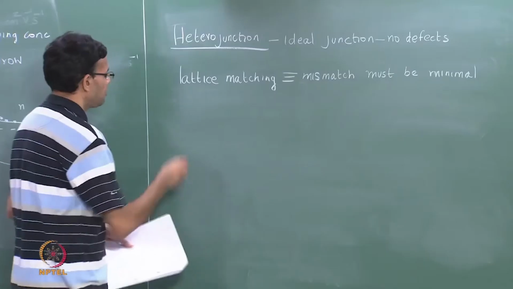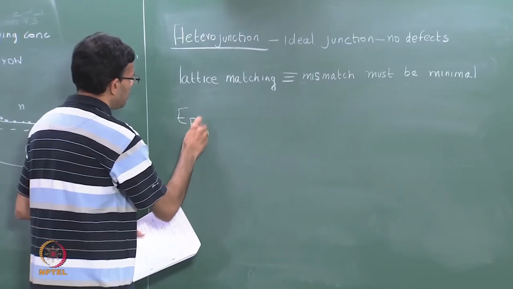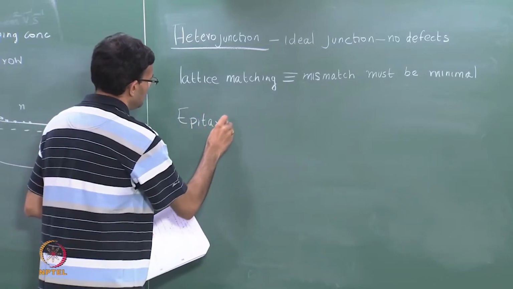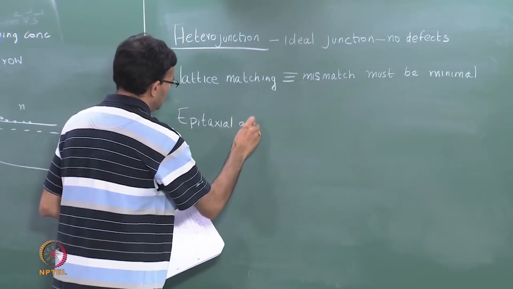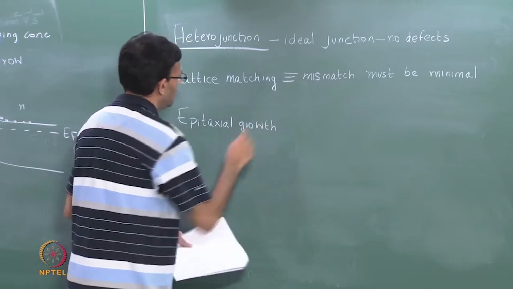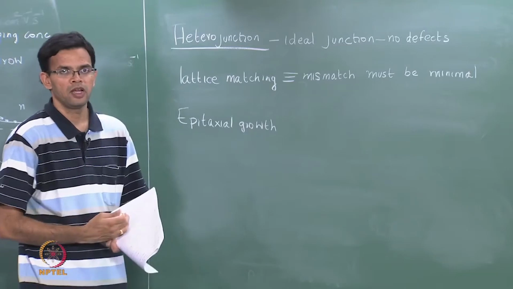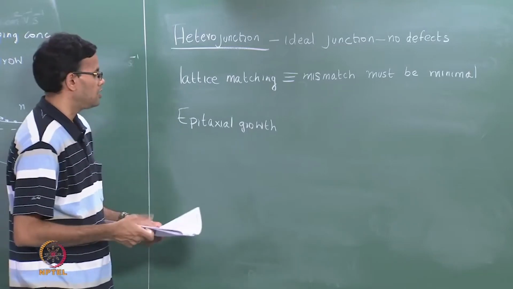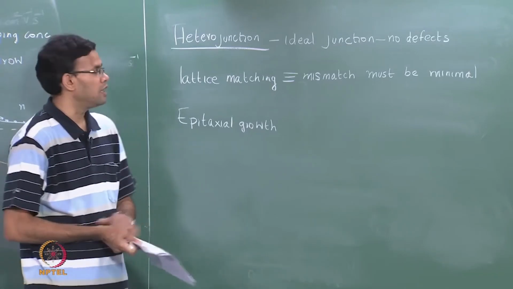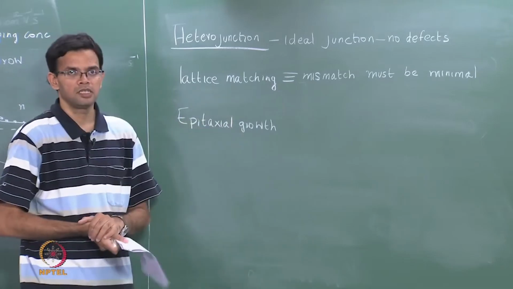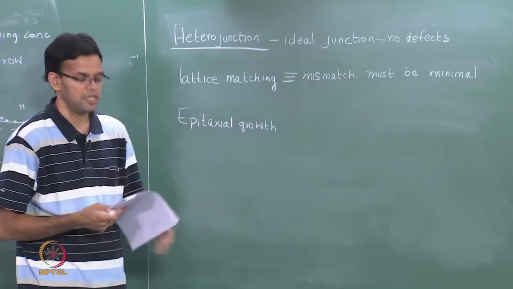So, depending upon the degree of mismatch, we can control the thickness of the second layer on the first. So, if you look at the case of epitaxial growth, the layer you are trying to grow has the same lattice constant as that of the substrate, so that if there is a lattice mismatch, there is an inherent strain in the material.